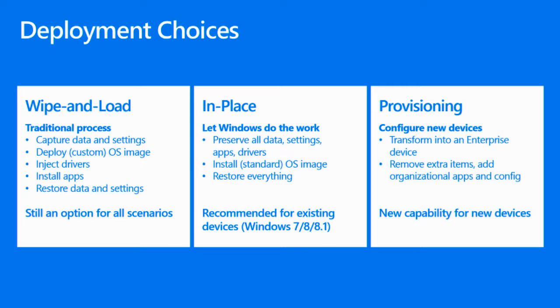It's a fairly quick, fairly efficient process, takes about an hour and a half on most systems. And the end result is everything's preserved. All the applications are still there, all of the drivers are still there, all the data and settings are still there. Question?